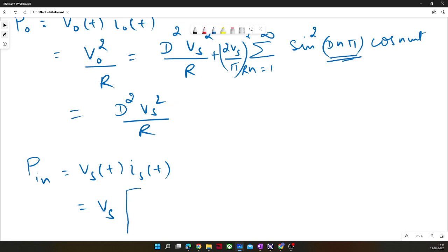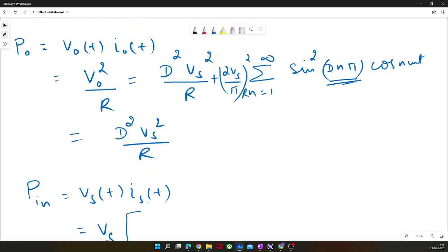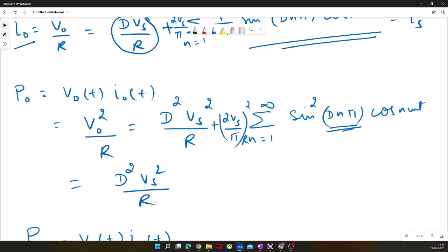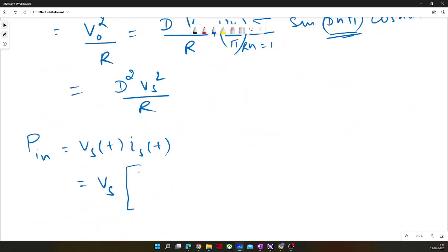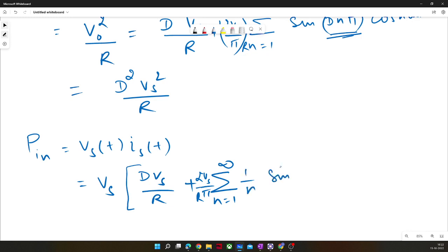So now I will write Is as I naught. So I naught was dVs by R plus summation n is equal to 1 to infinity, 2Vs by pi R, 1 by n sine dn pi cos n omega t.